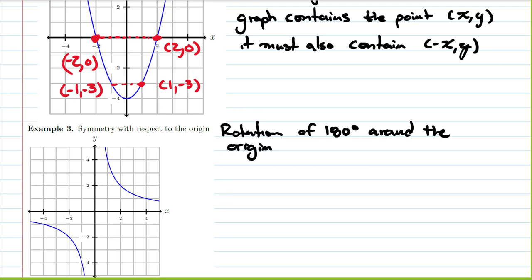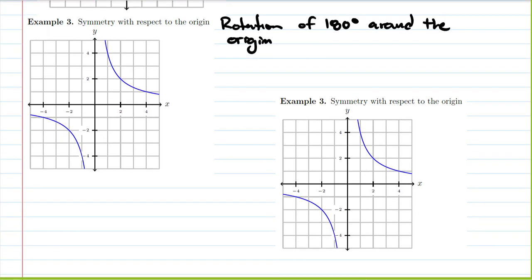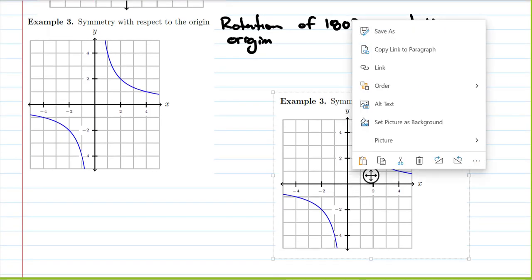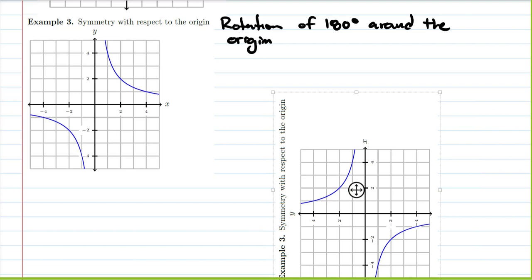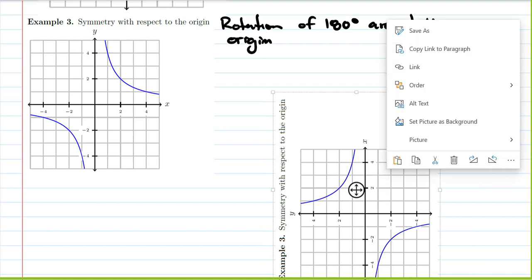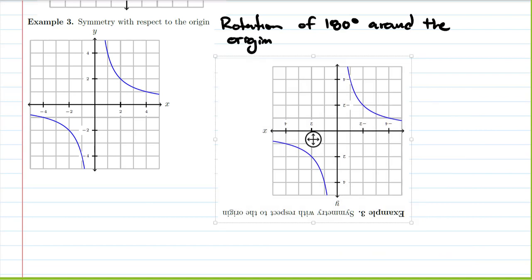So if you took this graph and if I were to rotate it, let's do it one more time. If I rotate this graph 180 degrees, we'll notice that this picture looks the same as the original picture. So that's what we mean by a rotation of 180 degrees.